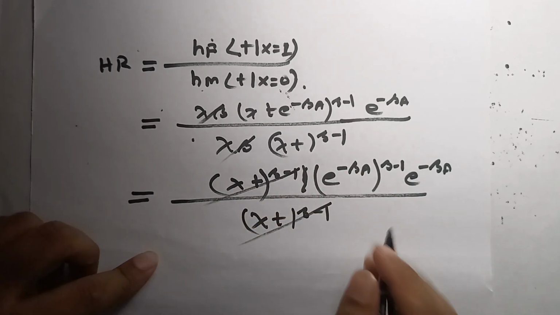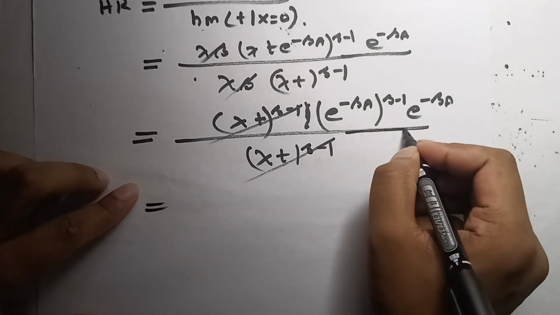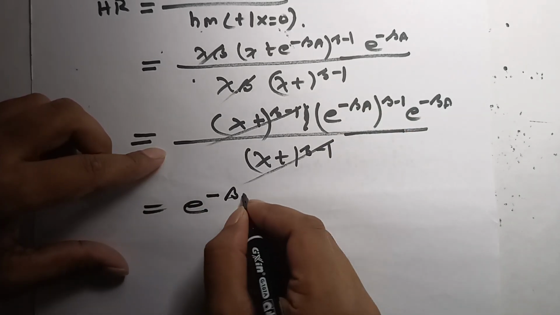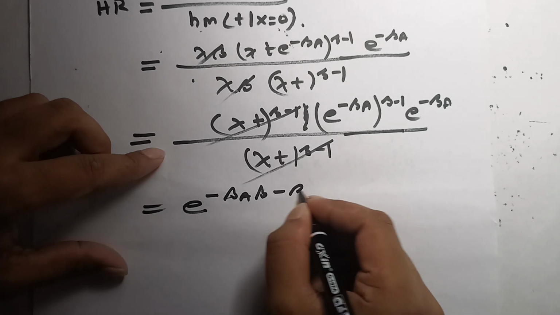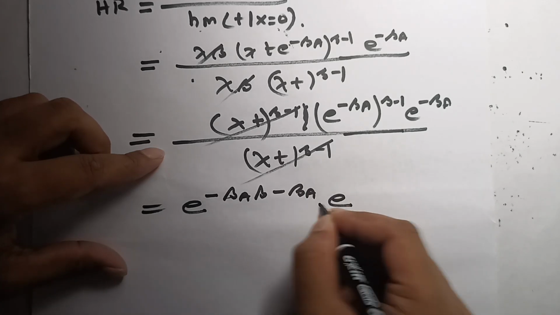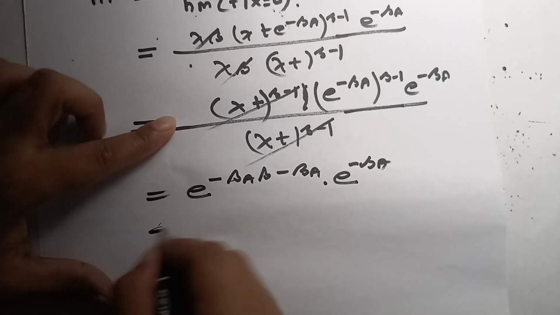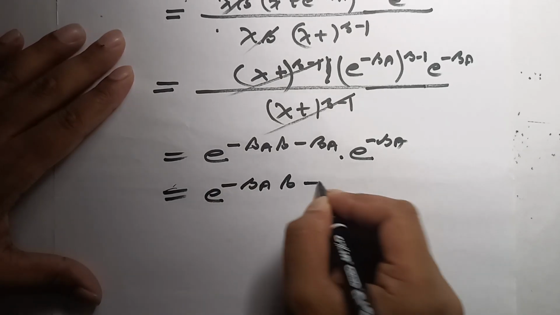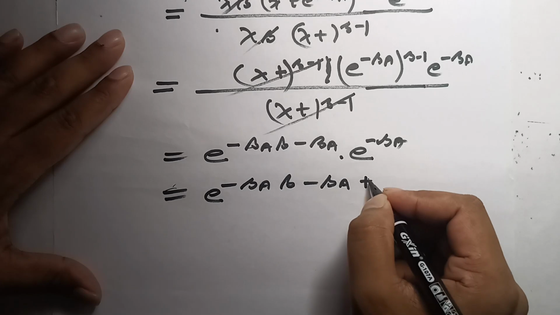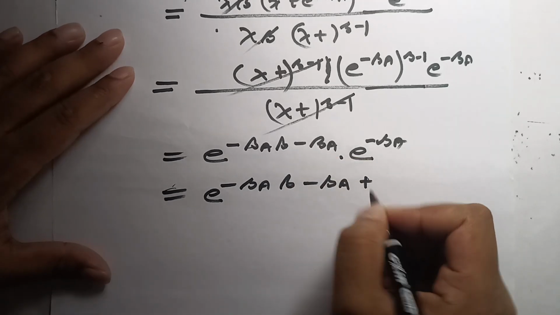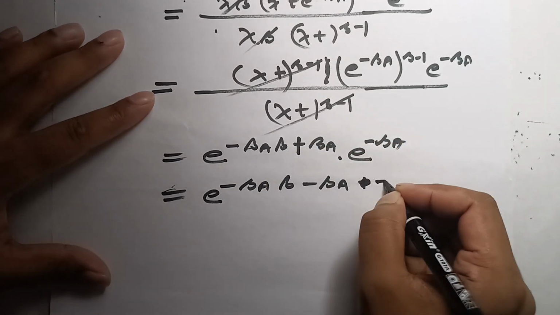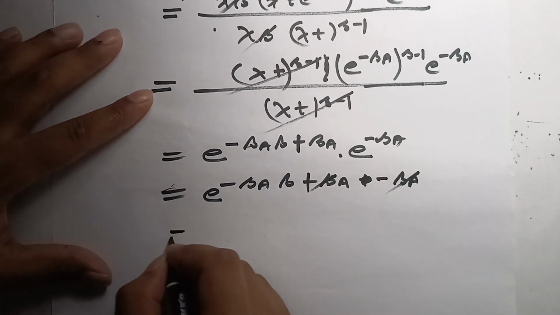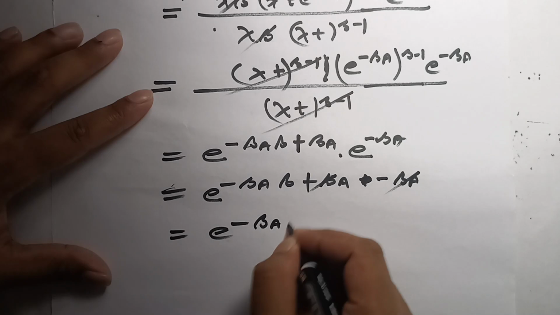This part will be cancelled, and we will remain with this only part, and it is nothing but e to the power minus beta A, beta minus beta A, and this is e to the power beta A, and after that e to the power beta A, beta minus beta A plus that will be, sorry, this will be plus, and this will be minus beta A. This will be plus. So this one will be cancelled. We will remain with e to the power beta A beta.